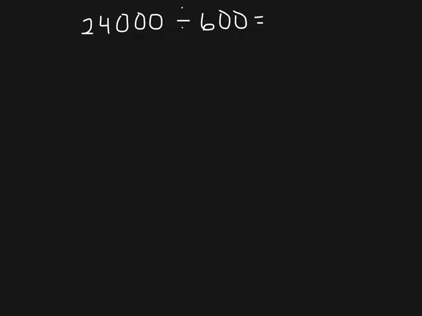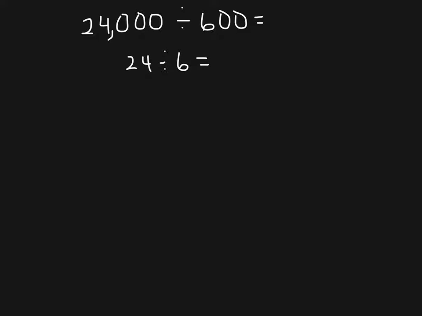All right, now we're going to divide 24,000 by 600. And when you first look at this problem, you might get a little nervous because they're pretty large numbers. But if we forget about all the zeros involved, you can see that this is actually a basic fact, which is 24 divided by 6.